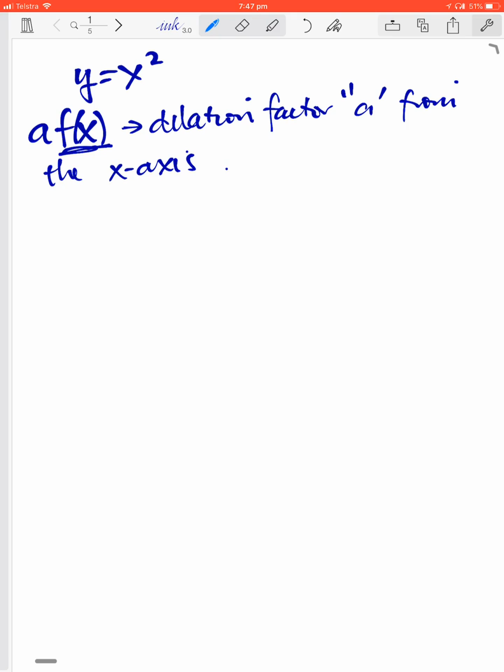Now if you were to do it in mapping notation, if I'm dilating factor a from the x-axis, I would have my original points, and then my image points. If I'm multiplying all of my y values by a, my image points become x dash, and then a times y dash.